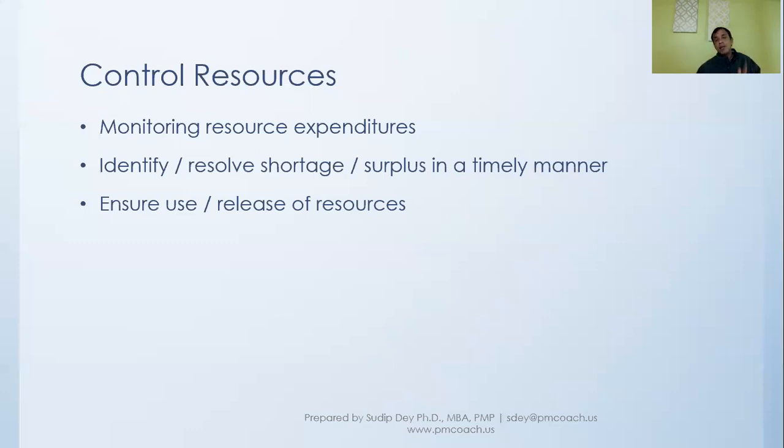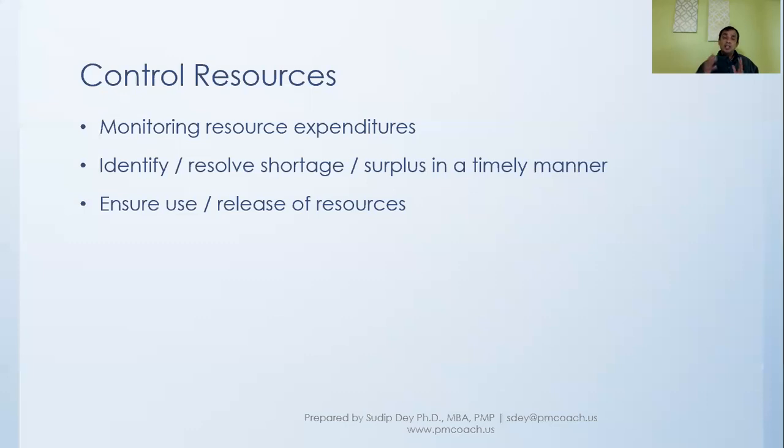And even at the planning stage, as we talked about in one of the earlier knowledge areas, we have to plan for release of resources. For example, our project is getting over, and we know when it is getting over. We have to plan release of the resources in a timely manner for two reasons. One is that our project gets a proper handover of knowledge from people who are getting released.